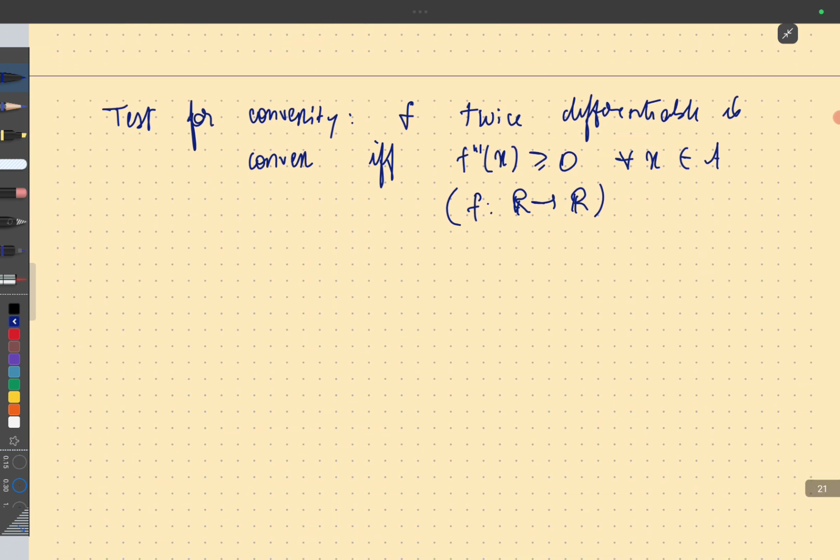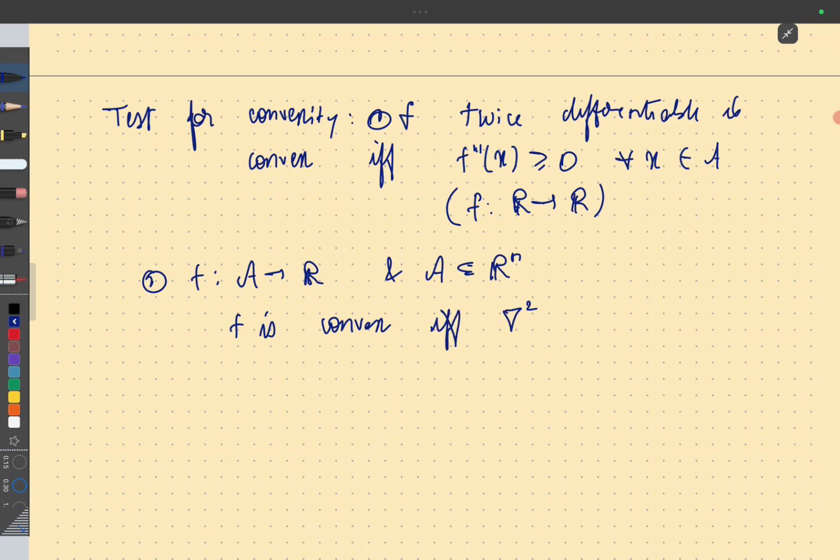Two equivalent definitions. So let's maybe write that down. If f from A to R, and A is a subset of Rn, f is convex if and only if the Hessian is positive semi-definite, which is equivalent to saying that x transpose Hessian times x is greater than or equal to 0 for all x in Rn.